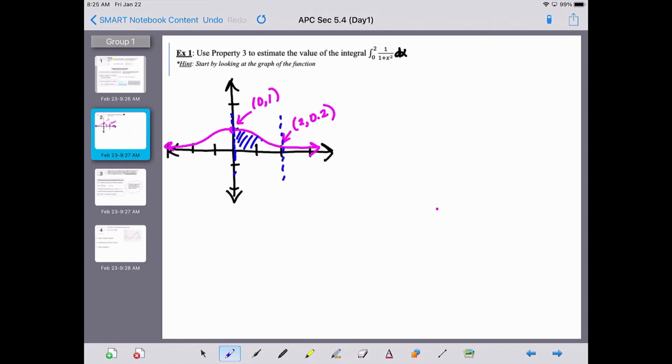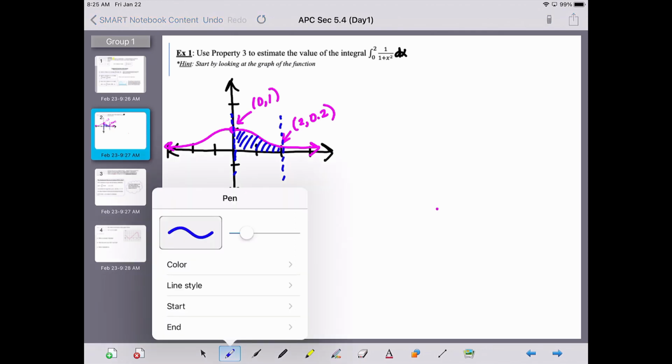So this is the area that I am looking at under the curve. And property 3 says that if we trap the highest value of the function and the lowest value of the function between those two horizontal lines, that we can estimate the value of the integral by looking at the areas of those two rectangles that are created.